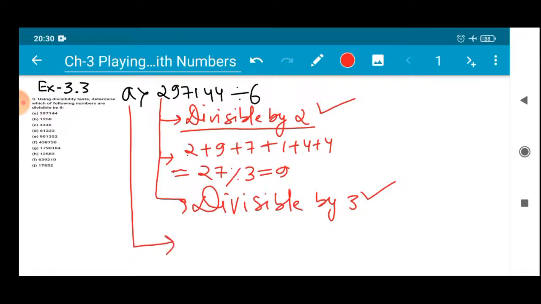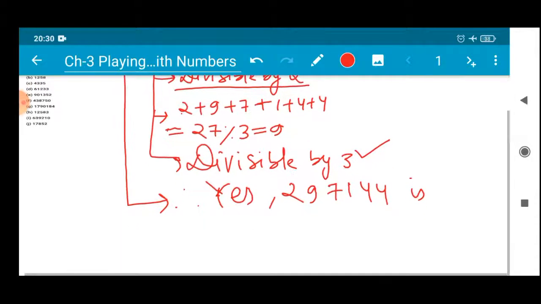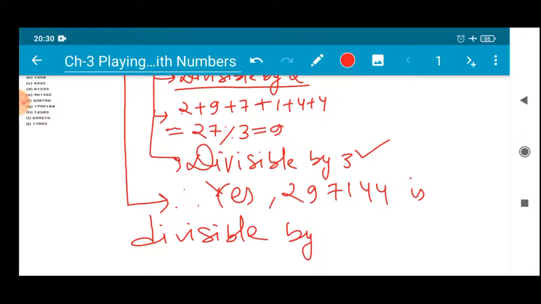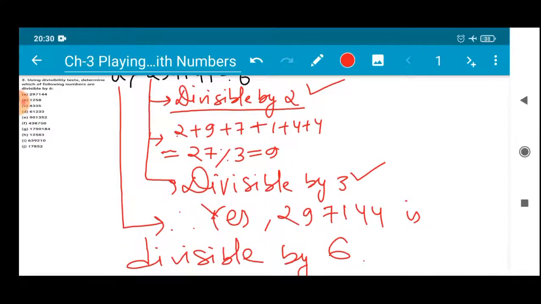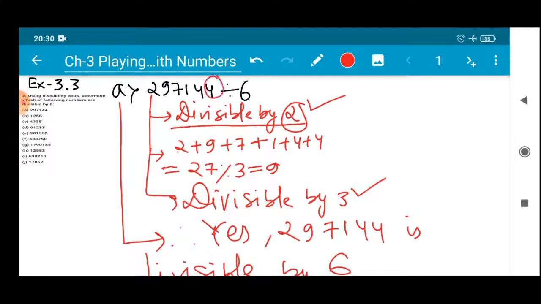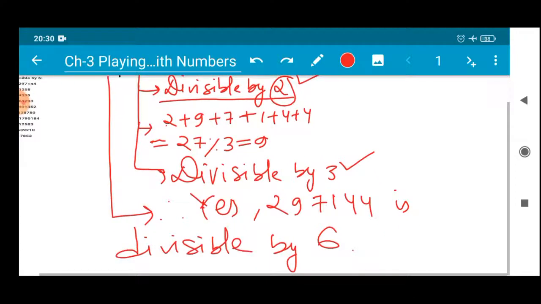So we can write, therefore, yes, 297144 is divisible by 6. Why? Because this number is divisible by 2, as in the unit position it carries an even number. So this is the trick for 2.